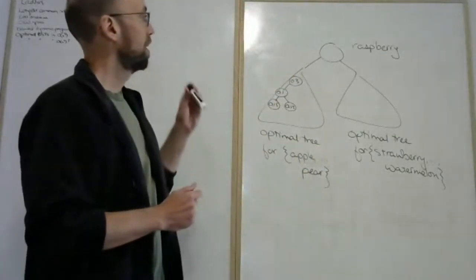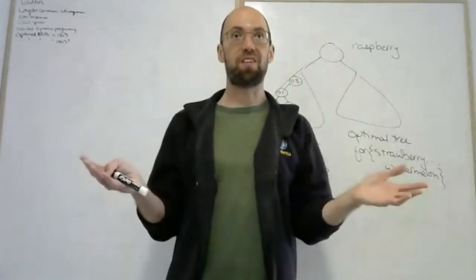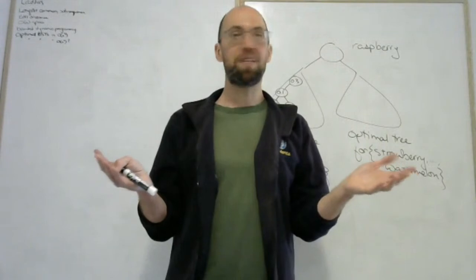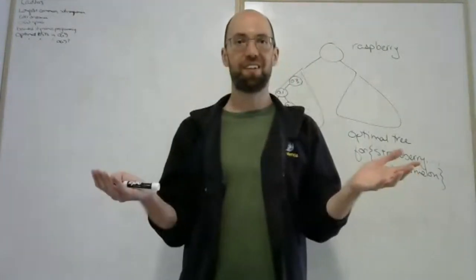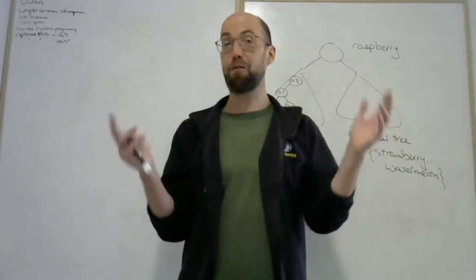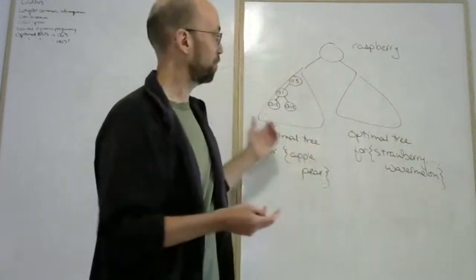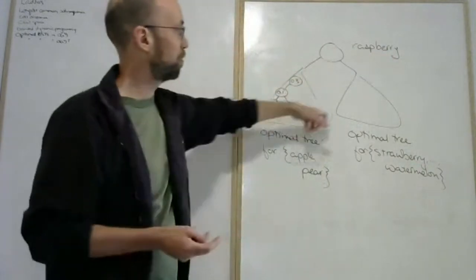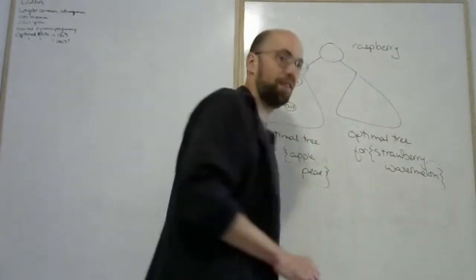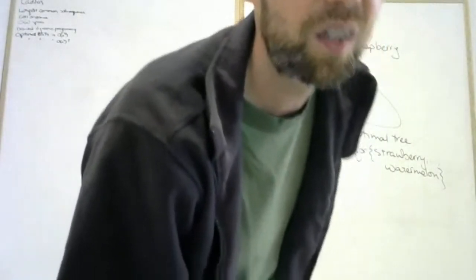So, how do you then, but maybe the best thing at the root is not raspberry. Maybe it's pear. What do you do? For loop. You ask your professor for every possible root. So if it's not apple to pear, it could be orange is before pear.